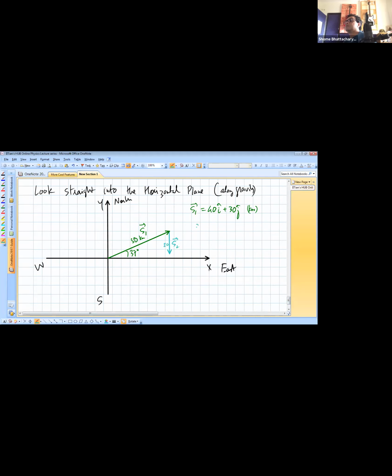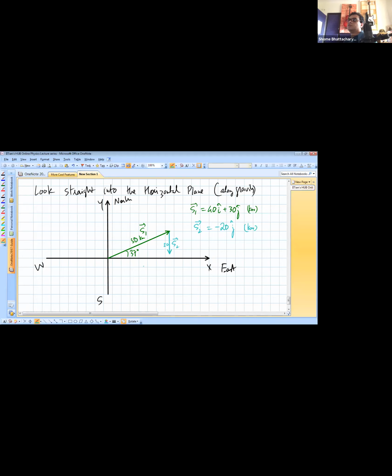So my second displacement S2 in component form would be written as minus 20 J cap. Correct. And again the unit is kilometers.